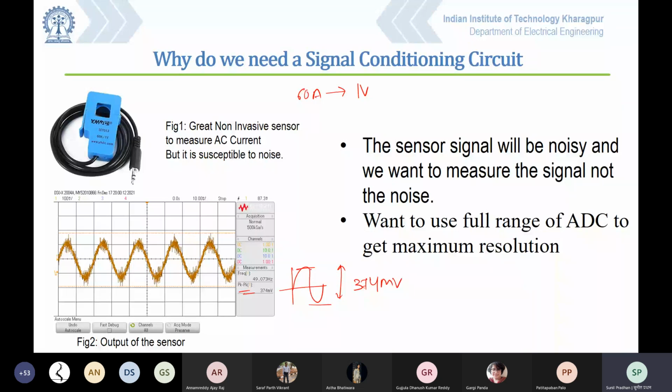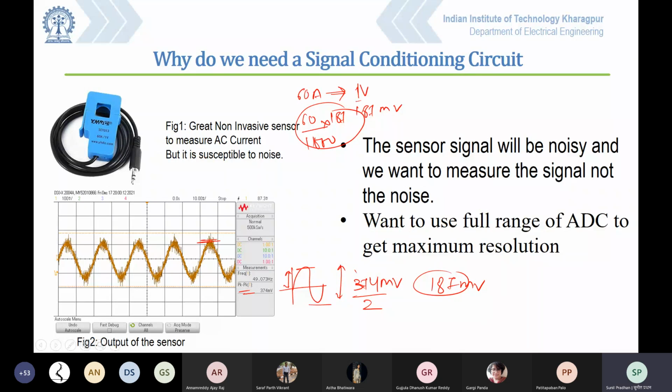If I want the amplitude, it will be divided by 2, so 187 millivolt. If I'm getting 1 volt corresponding to 60 ampere, then for 187 millivolt, I will have 60 by 1000 into 187. So this much will be my current level.